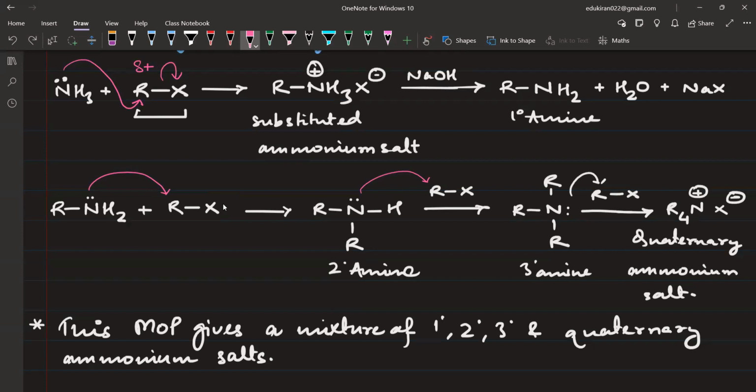Whatever ammonia is there, if all the ammonia attacks alkyl halide and all the alkyl halide reacts at once, then our hugely major product will be 1 degree amine. The 1 degree amine will not find any alkyl halide to react with further.